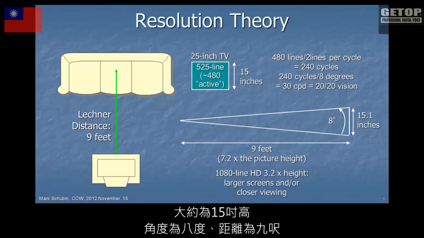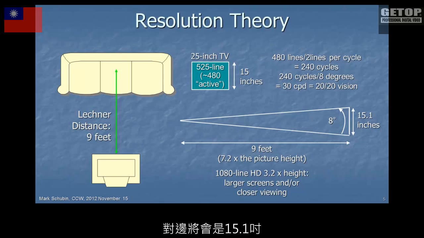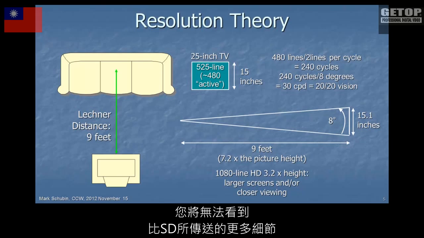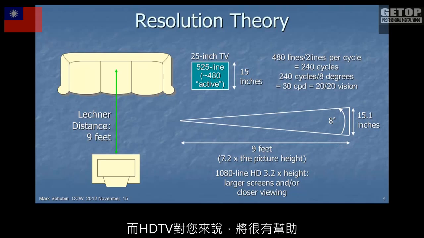That subtends an angle of 8 degrees at a distance of 9 feet, which would be 15.1 inches. So at roughly 7.2 times the picture height, you meet this 30 cycles per degree criterion, which means if you had a 25-inch standard definition television set at home, you could not see more detail than standard definition was delivering, and HDTV would be useless to you.